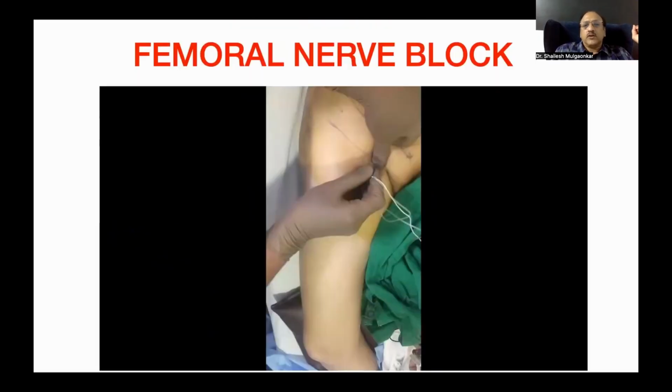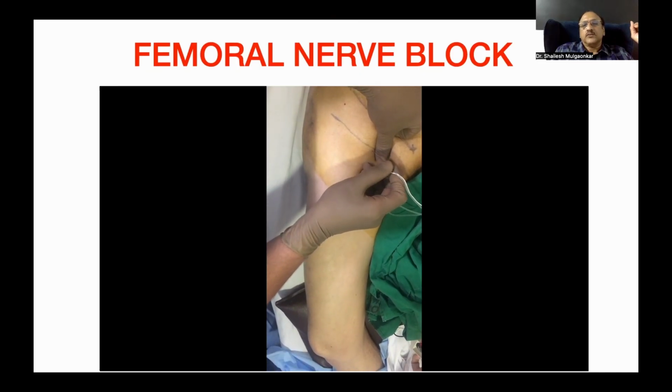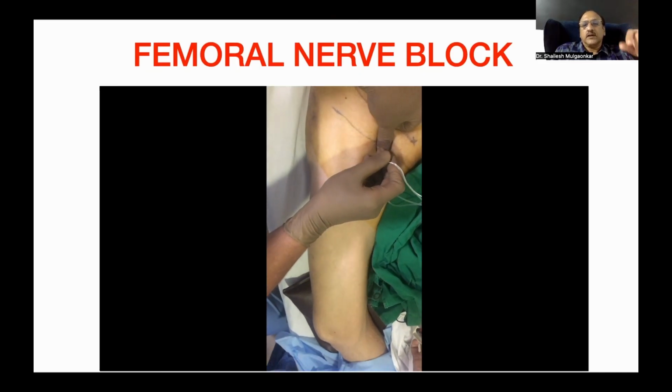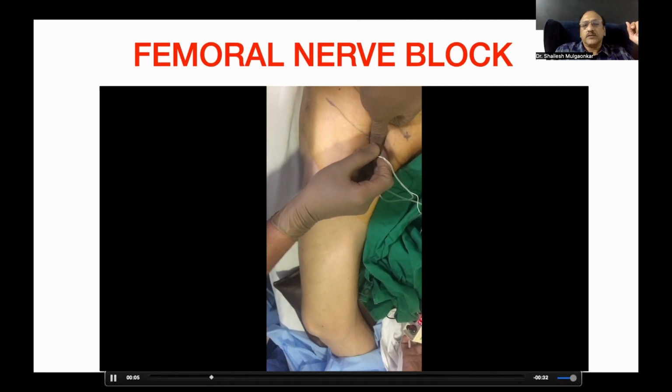So this is the femoral nerve block. As I told you, don't accept the twitches of the sartorius muscle. The sartorius is supplied by the anterior division, which does not supply the hip and the knee joint. So the main purpose is not served. So I'm pushing the needle. These are the sartorius muscle twitches.